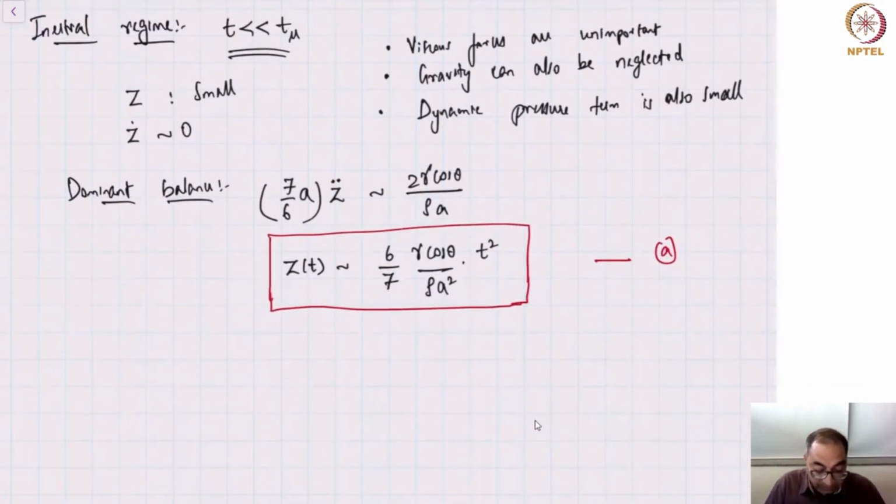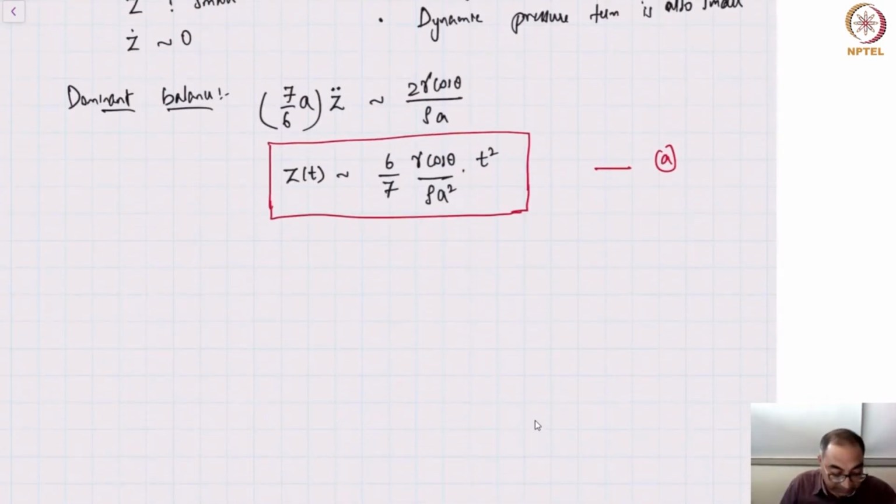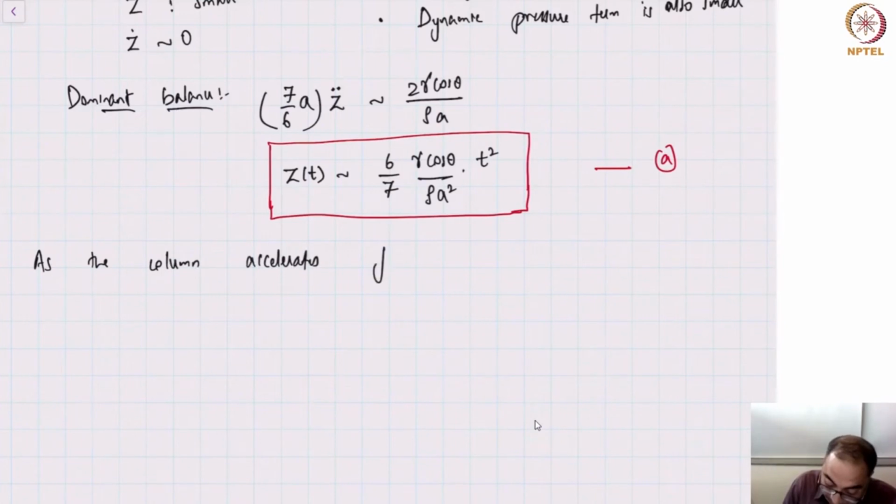Right. Now let's look at the next case. We are still in the inertial regime. Inertia has still not died off. But now, as it rises, as the column accelerates upwards from an initial velocity of z dot equal to 0, z dot square becomes important.